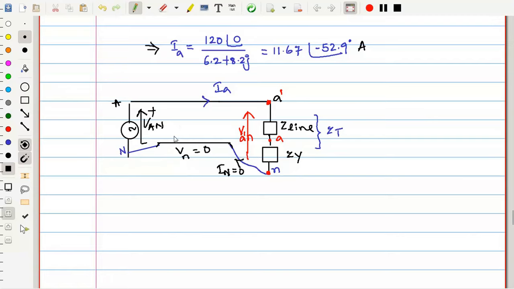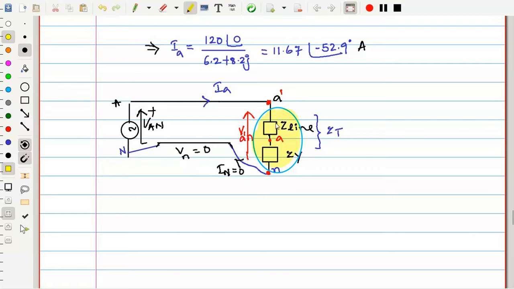Right. So if this is the situation, VAN, capital AN, is equal to VA dash N. Yes or no? If you write the KVL, these are parallel. So this entire segment is in parallel with the source. What is this segment voltage? This segment voltage, the yellow color shaded segment voltage, is equal to source voltage.